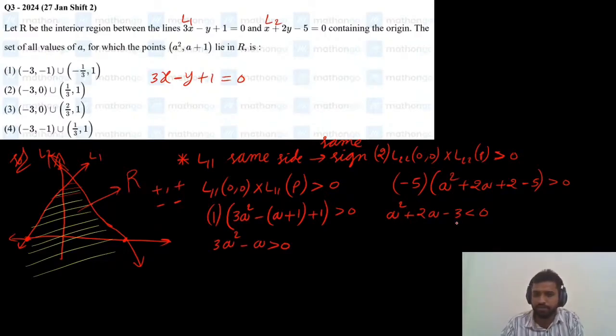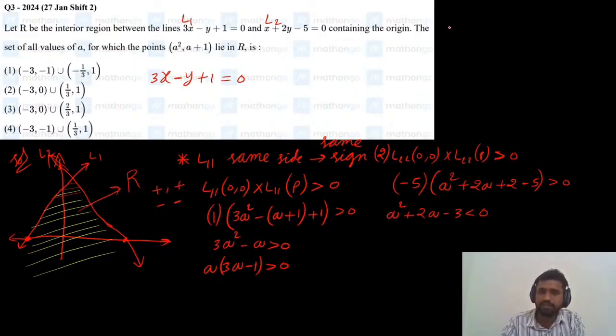So a square plus 2a minus 3 will be less than 0, and this is a of 3a minus 1 greater than 0. And just solve this a square plus 2a minus 3. What are the factors here?